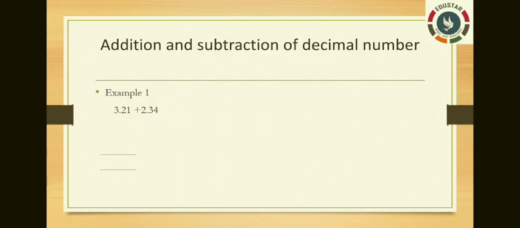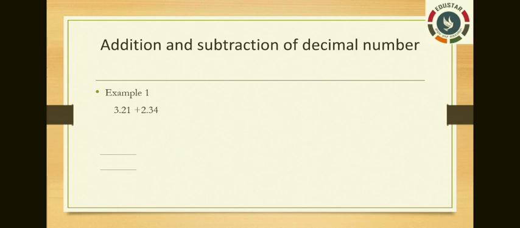Let us see the next topic, addition and subtraction of decimal numbers. Step 1. Convert the given decimals into like decimals if they are unlike. So check whether the given decimals are like or unlike.